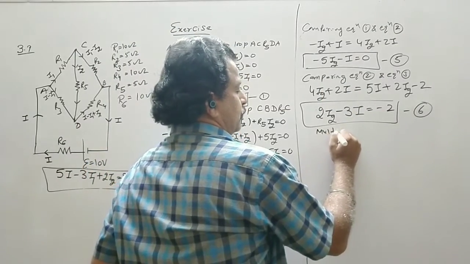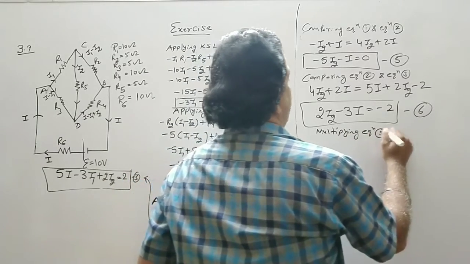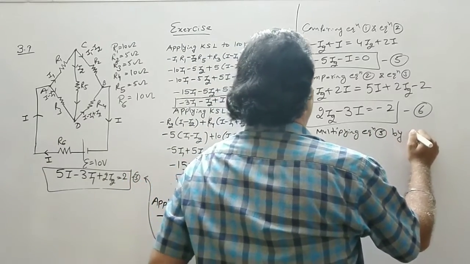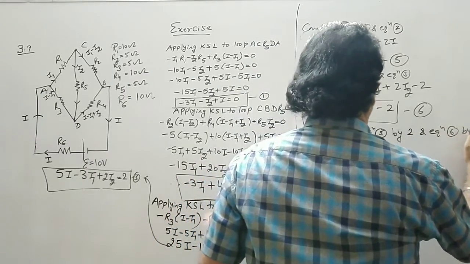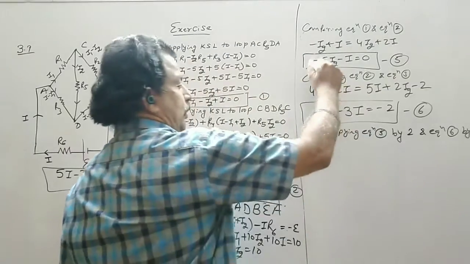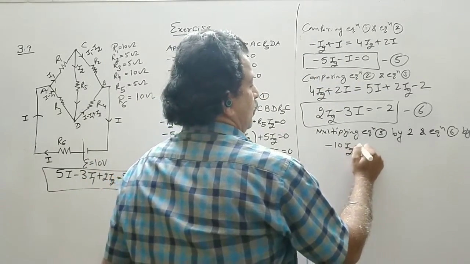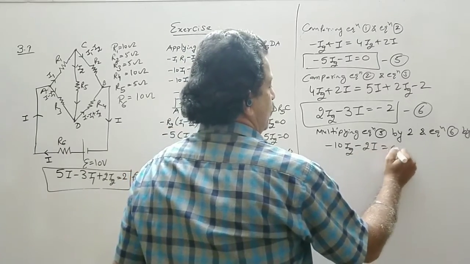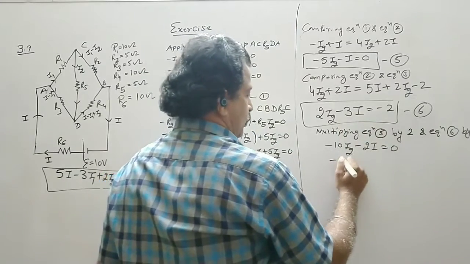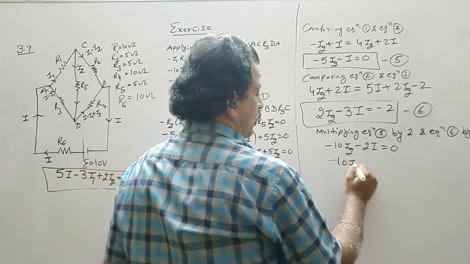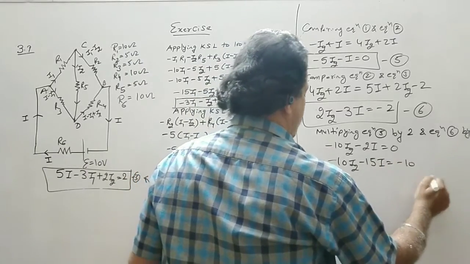Multiplying equation 5 by 2 and equation 6 by 5: minus 10I2 minus 2I is equal to 0. Then multiplied by 5: 10I2 minus 15I is equal to minus 10.